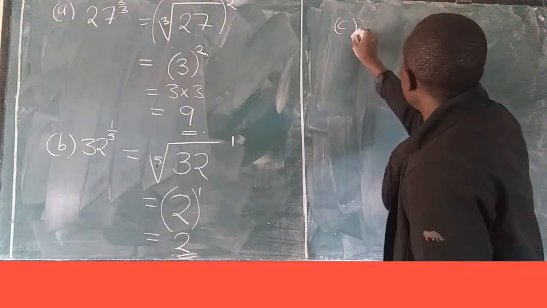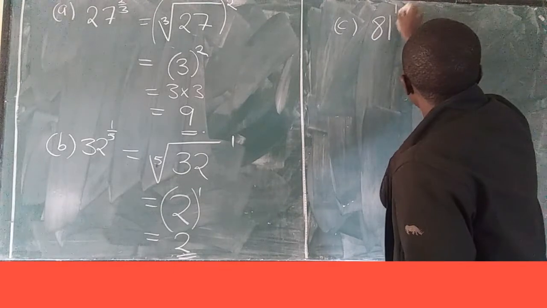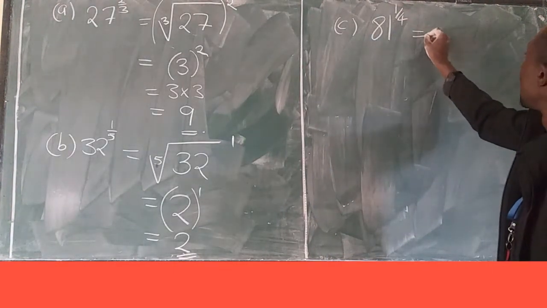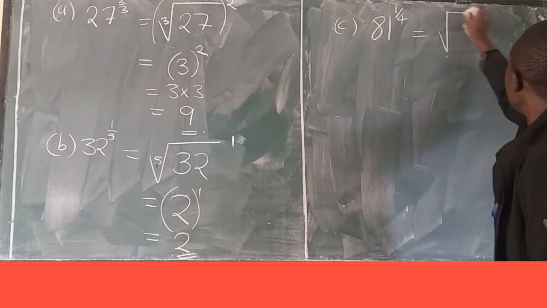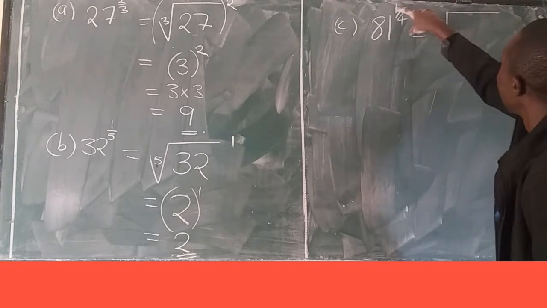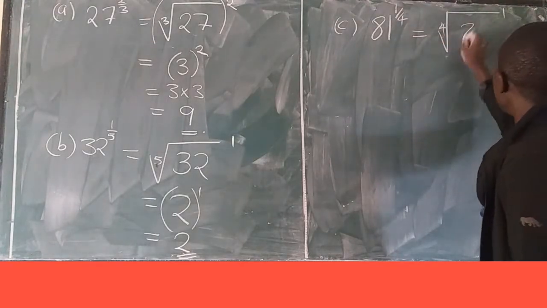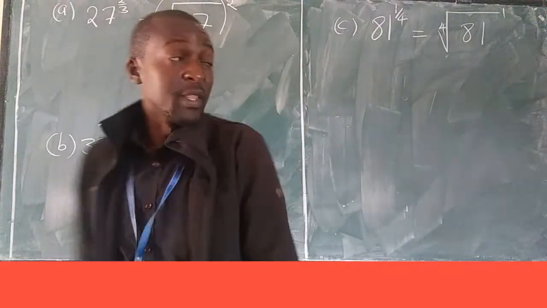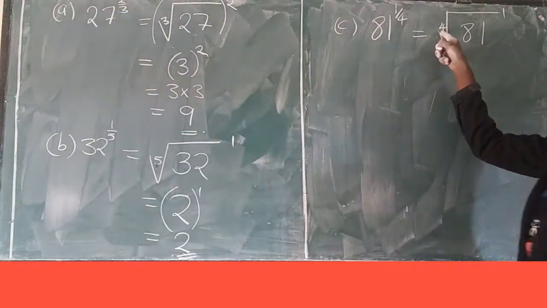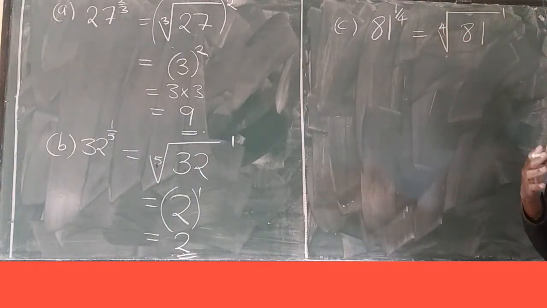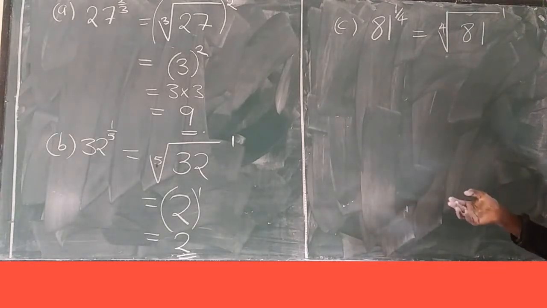Last question, which is C, 81 to the power 1 over 4. This one also, we are going to have the radical sign, because there's a fraction there. Then the 4 comes here, then the number on top comes there, then the 81 here. This 4 is asking you to find a number which you can multiply by itself 4 times to give you 81.